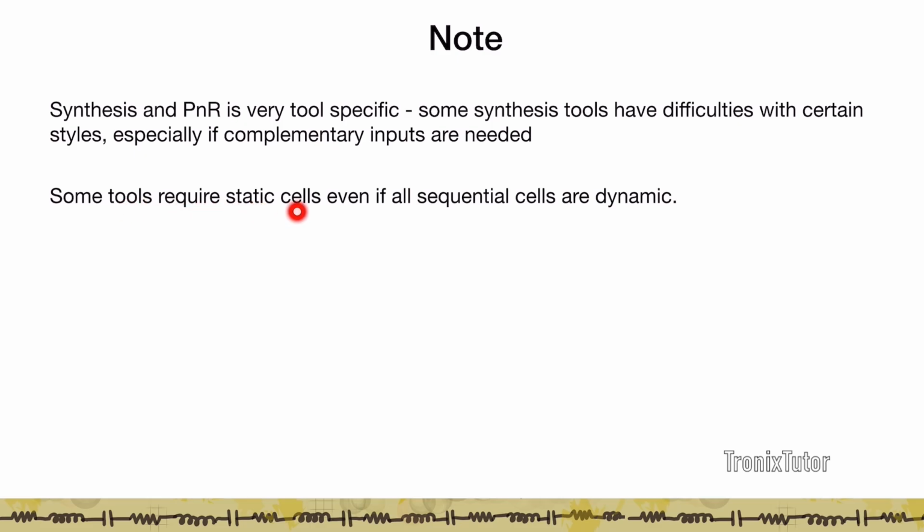And some tools might even require static cells to be present even if all the sequential cells are dynamic. So again, this is tool specific, and you need to make sure that your cells are designed in such a way that the tool can work with them in the most optimal fashion.